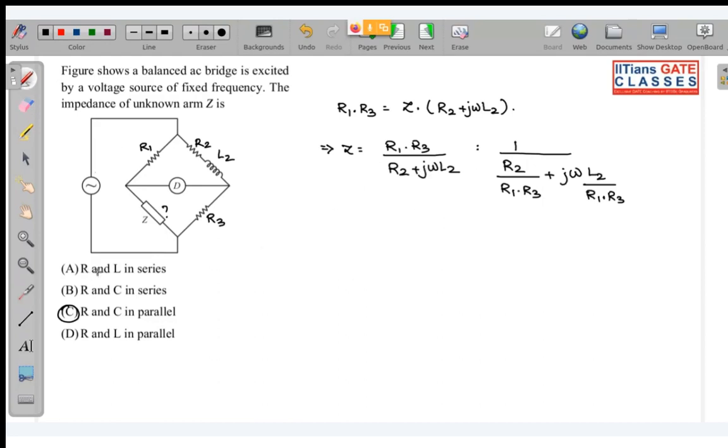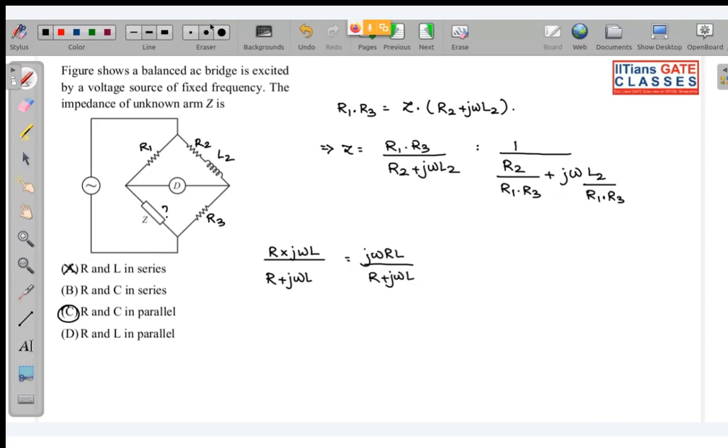So is it like RL in series? Because if we have RL circuit in series, it will be like R into j omega L divided by R plus j omega L. So this is j omega RL divided by R plus j omega L. Is it looking like this? No, it is not looking like this.